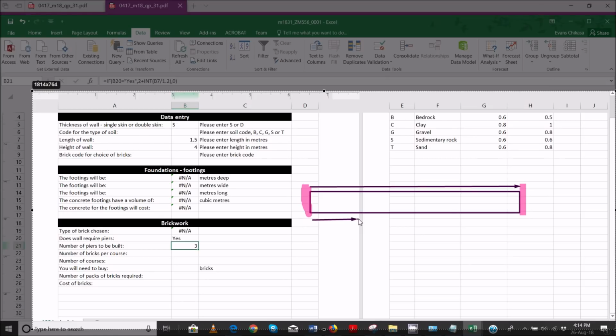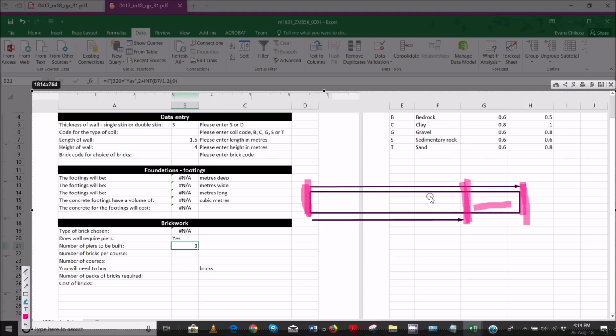So if this is 1.2 meters, we are going to have another one here. So you have how many? 3. This one is less than 1.2, so we won't need another, because it's for every 1.2 meters. So you have 1, then 2, and you've got 3.